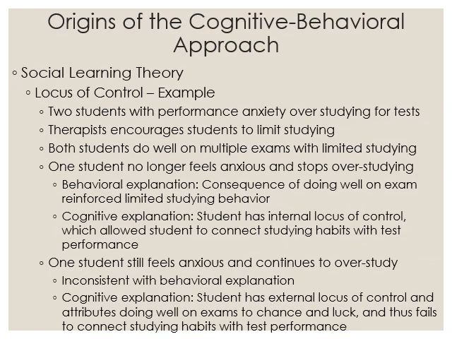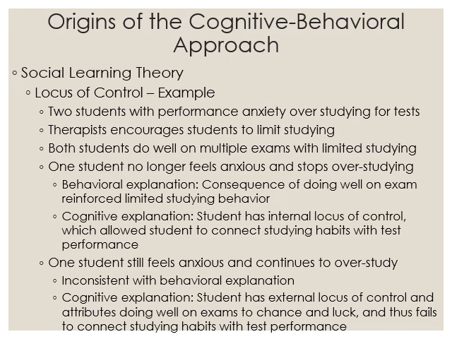So an example: if there were two students who had performance anxiety over studying for tests, a therapist might encourage them to limit studying, limit the hours that they were studying. If both students did well on multiple exams with this technique, this behavioral intervention of limiting studying time, one student with internal locus of control might no longer feel anxious and stops overstudying in general.